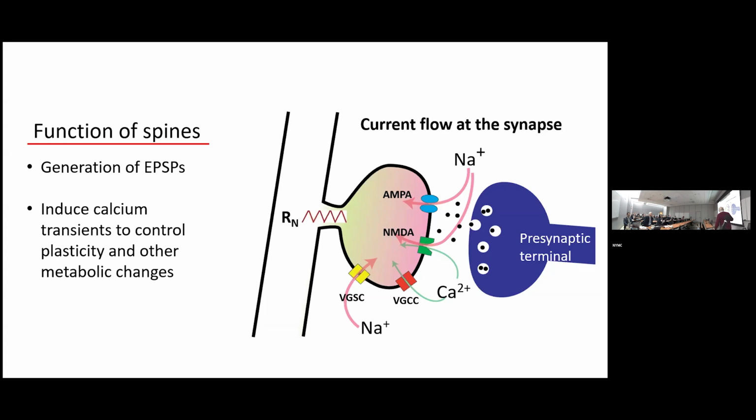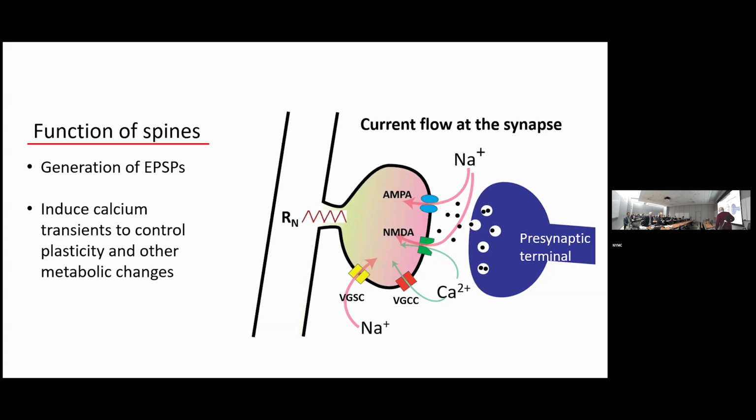What we're interested in is how the different channels in the cell are activated and what happens when the glutamate acts on the receptors, the AMPA receptors, the NMDA receptors, and then there are other channels in the membrane. So we'd like to follow the sodium that flows through the AMPA receptor and possibly through the NMDA receptor.